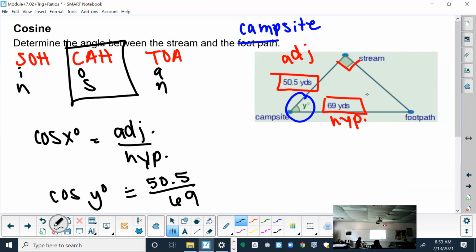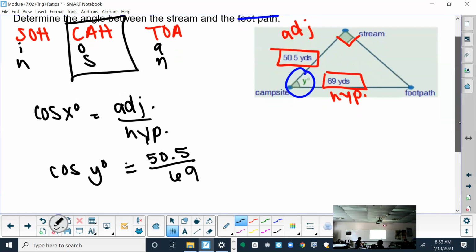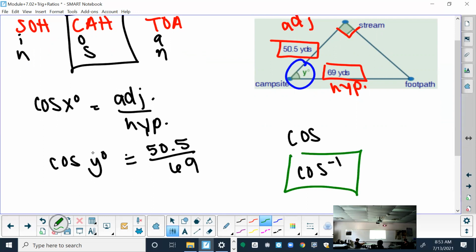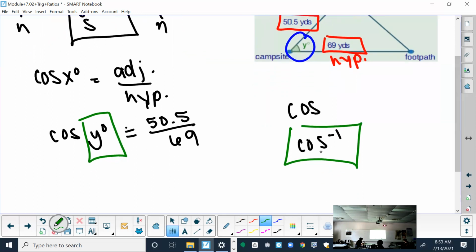Since we are looking for an angle measure, how will I enter this in the calculator? Do I put the cosine button or the inverse cosine button? Try again, the second option, because we're looking for an angle measure. Anytime we're looking for an angle measure, you're going to have to use this function.